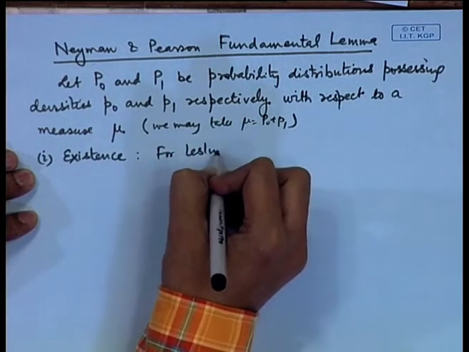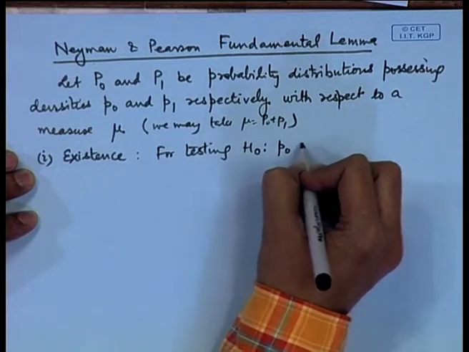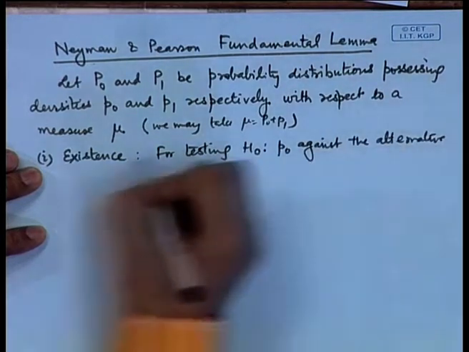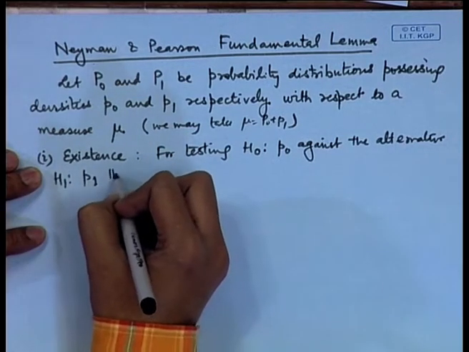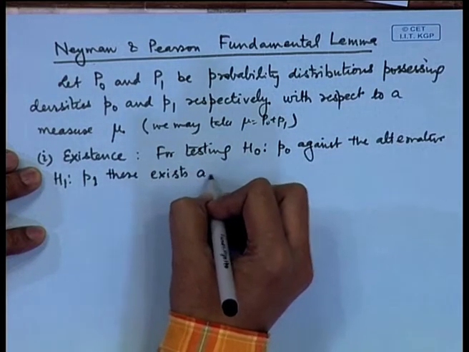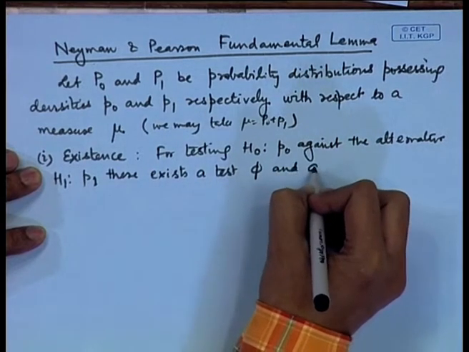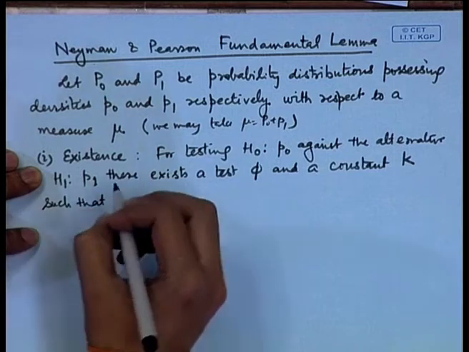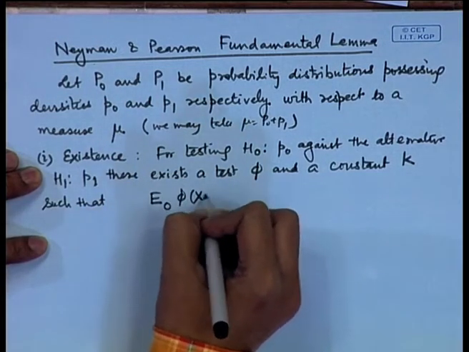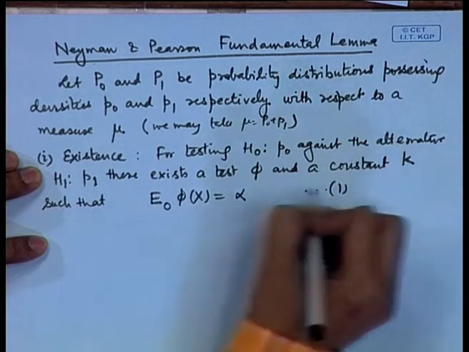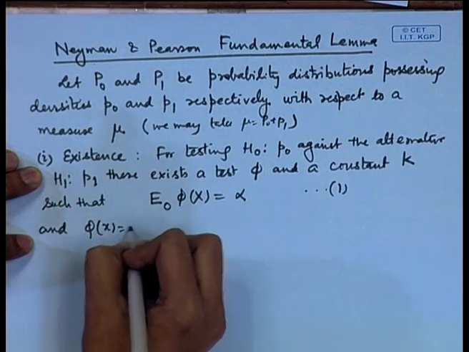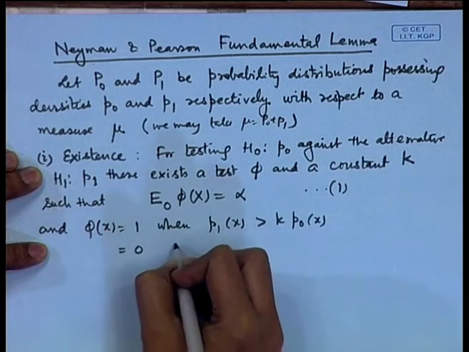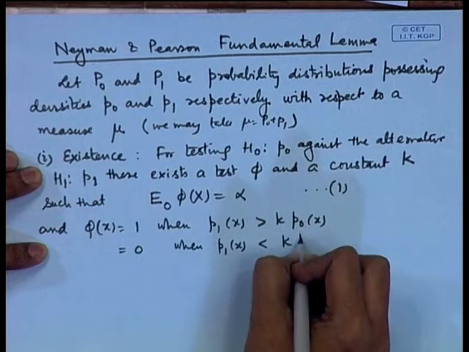For testing H naught, that is P naught, against the alternative H 1, that is P 1, there exists a test phi and a constant k such that expectation of phi x is equal to alpha and phi x is equal to 1 when p 1 x is greater than k p naught x, it is equal to 0 when p 1 x is less than k p naught x.